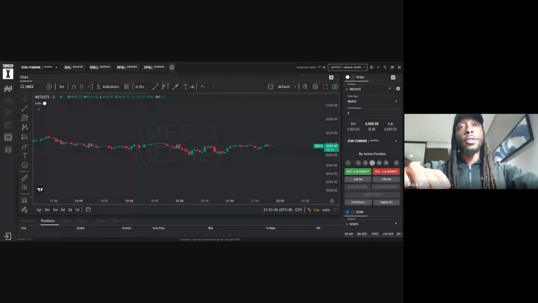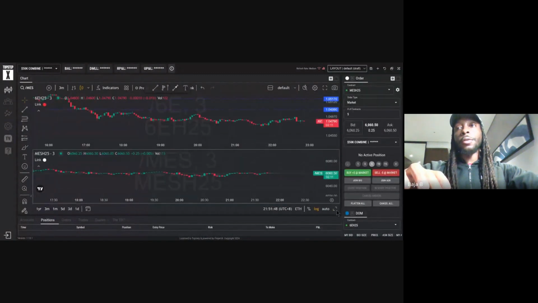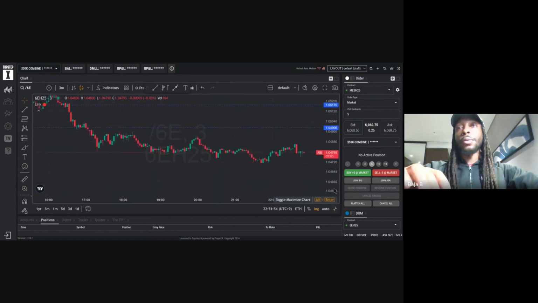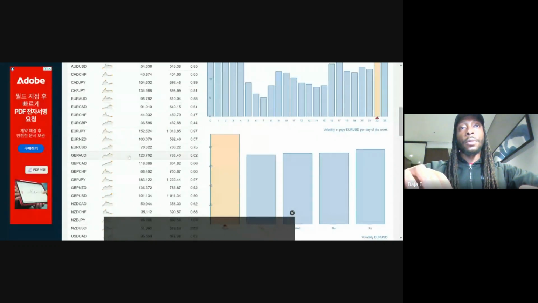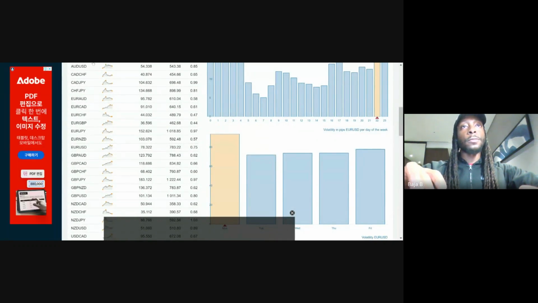Go back onto this tab. Let's take a look at the Euro dollar. No movement today. Euro dollar is about, let's see what it is this week. About 78 pips.